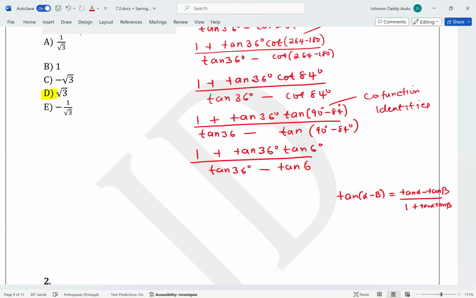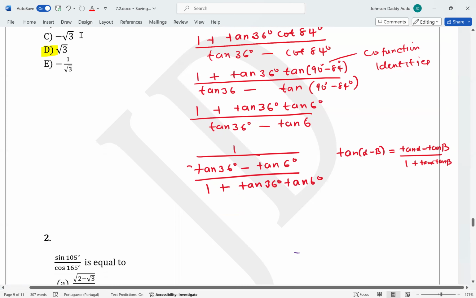So we can just take the inverse so that we can have exactly what we want. This is 1 over tan 36 minus tan 6 degrees over 1 plus tan 36 tan 6.